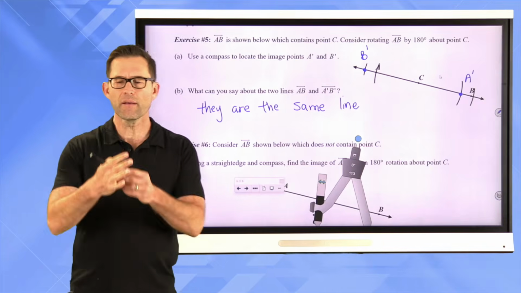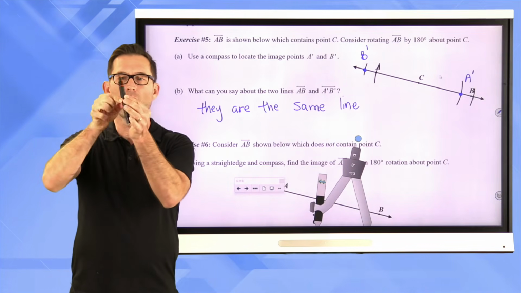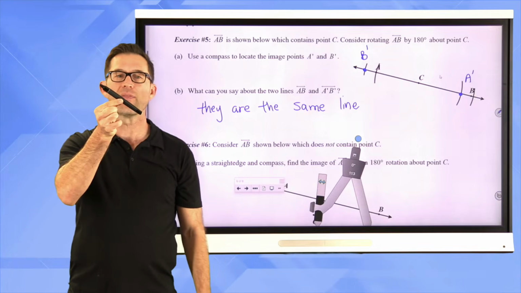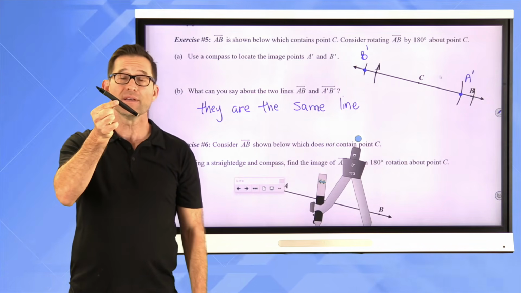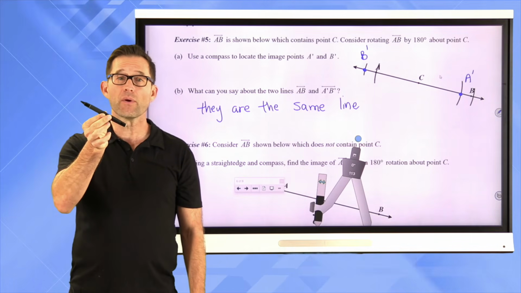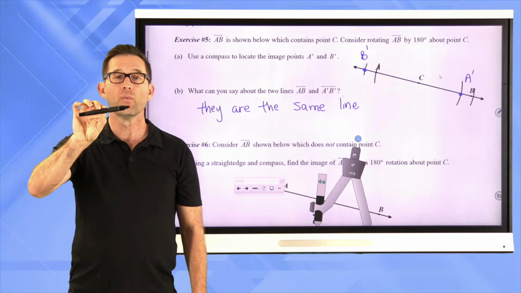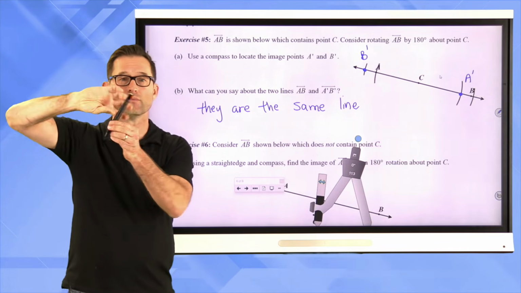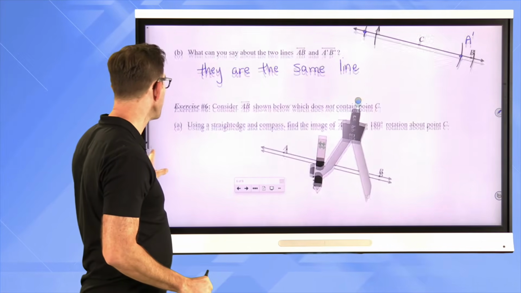That makes complete sense. If I've got a line and I rotate it 180 degrees about a point that lies on that same line, it's just the same line. That's not true of any other rotation. But a 180 degree rotation, a point reflection about a point that lies on a line, will leave the line unchanged. Anyway, now let's look at the other issue.